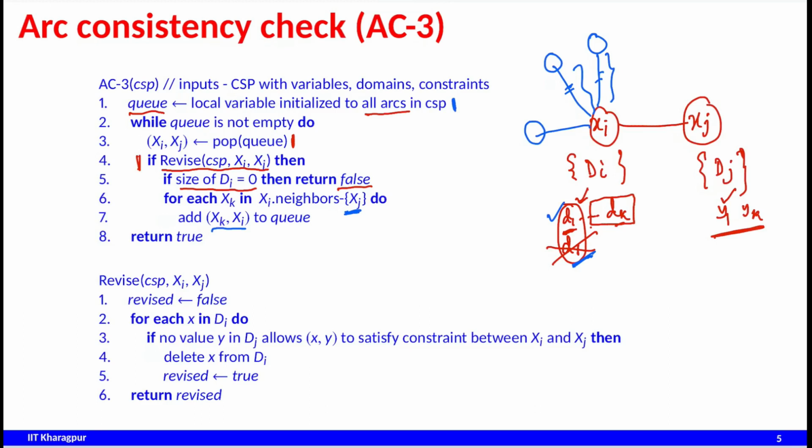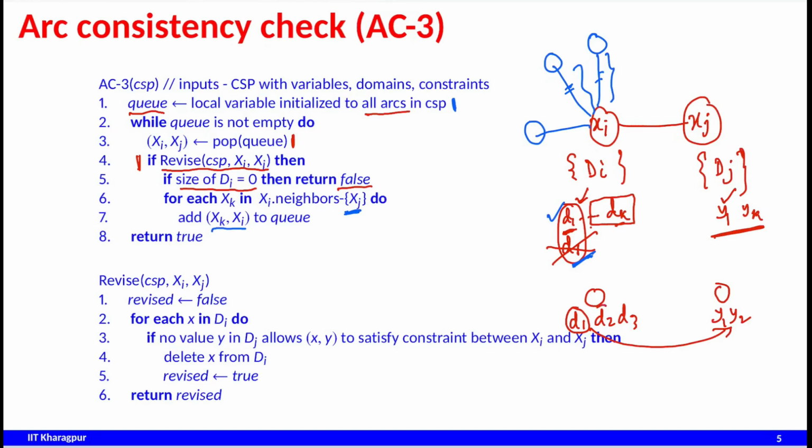Now for revise, I have two nodes. One can take values d1, d2, d3, and the other can take values y1 and y2, and so forth. I choose one value here and try to find out whether any consistent value exists here or not.